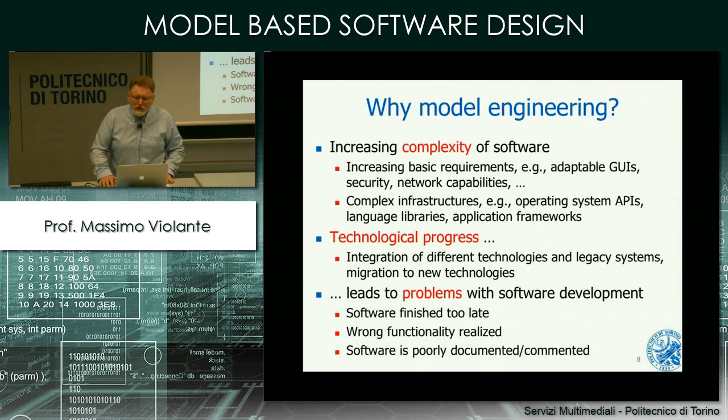The things that we have to do are too complex. We cannot afford the design of such a complex system unless we have some abstraction techniques that allow us to build a model that simplifies the entire design process.